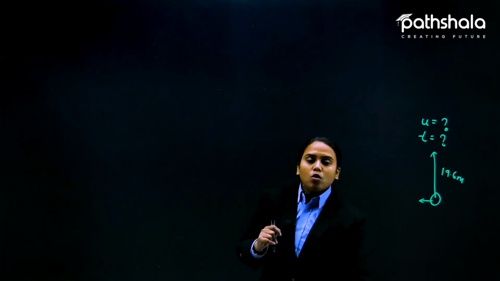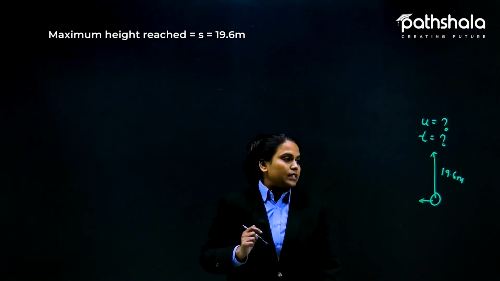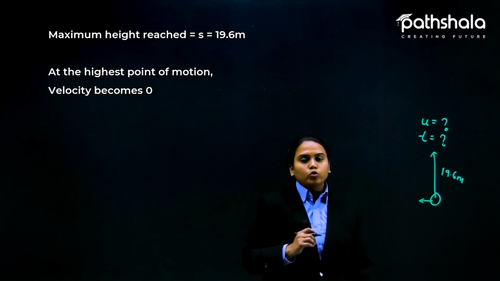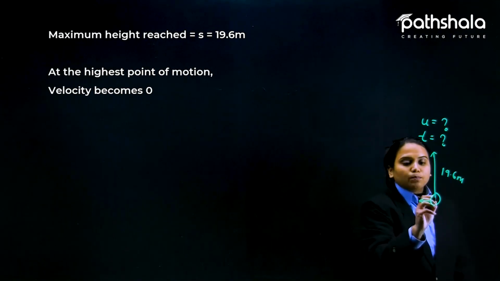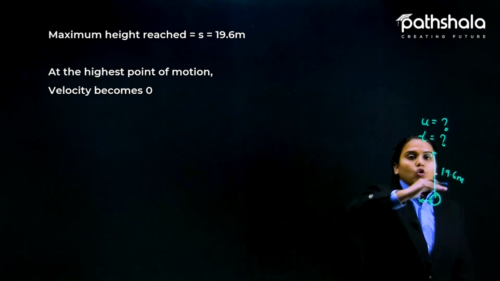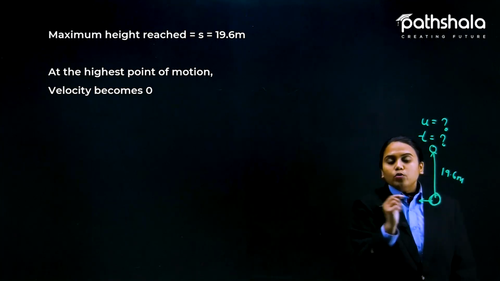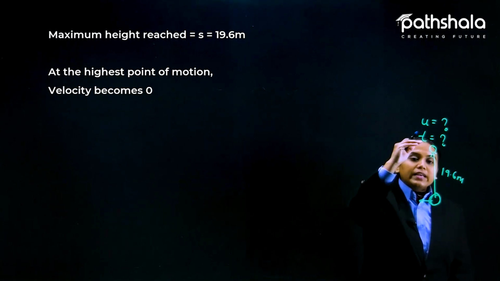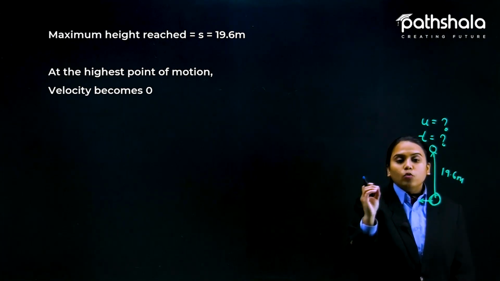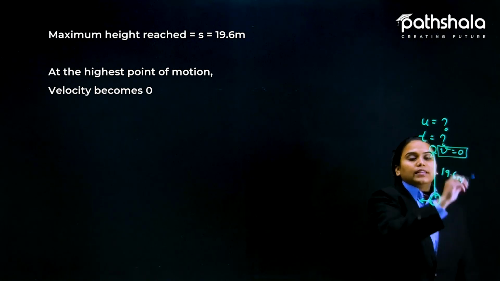So now, in the solution part, the maximum height reached is 19.6. At the highest point of motion, when this ball is thrown from here and goes to this position, you people know that when it reaches the highest point, its velocity is going to be 0. So here the velocity will be 0.